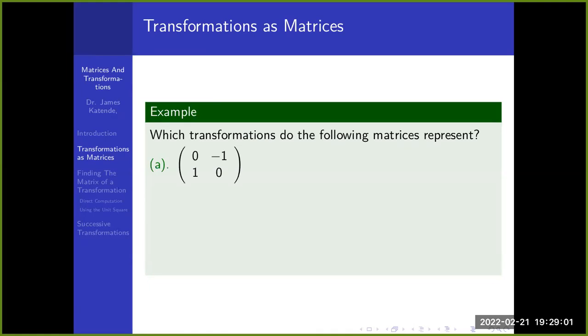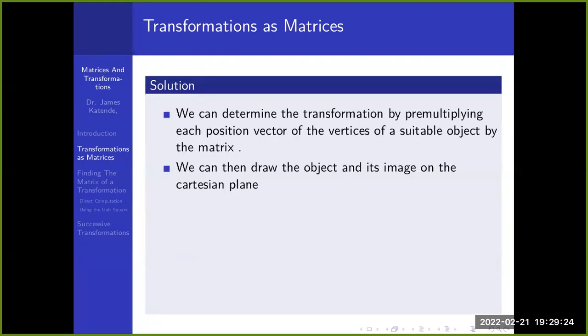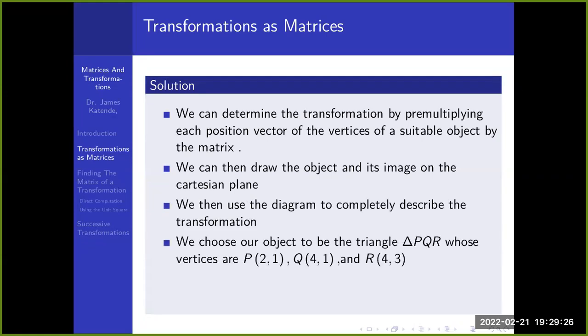Suppose we're given these matrices, we wish to figure out what transformations they represent. So we would have to create some object, apply these matrices to the object, and see what effect it has on the object, and from that we can determine the transformation itself. So let's check. This is the process I've just described.